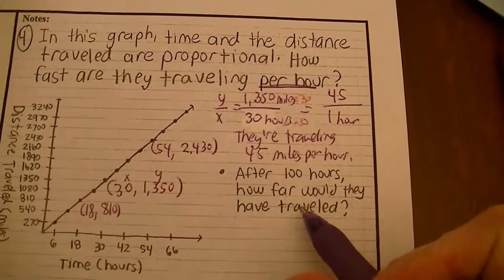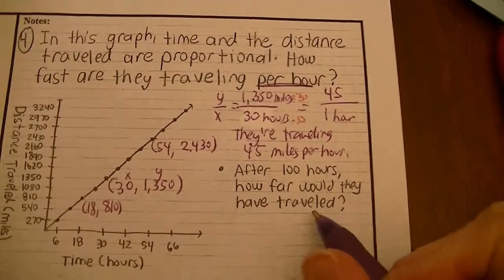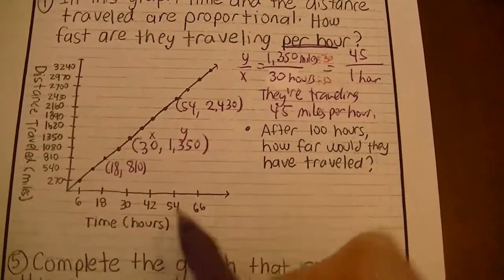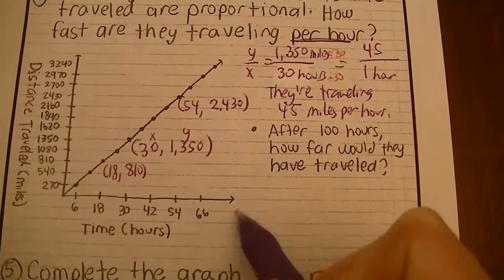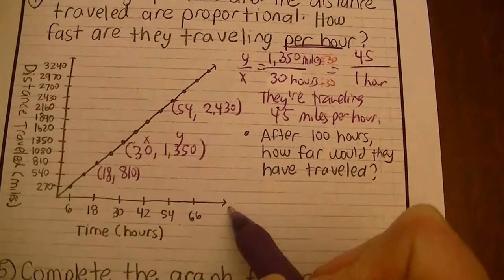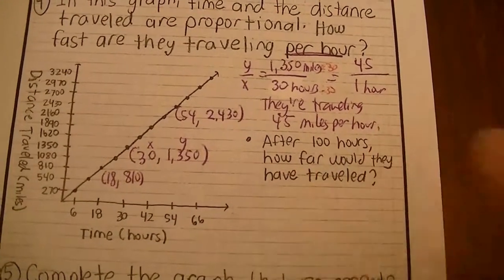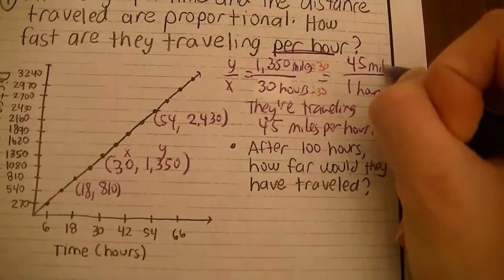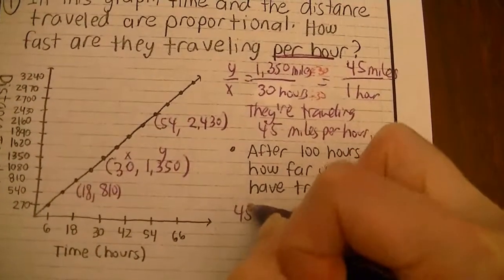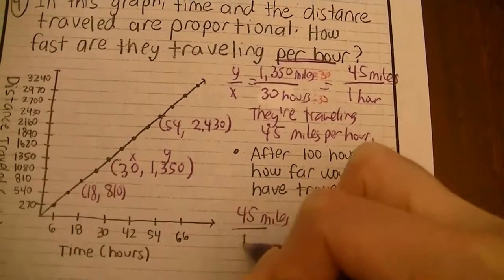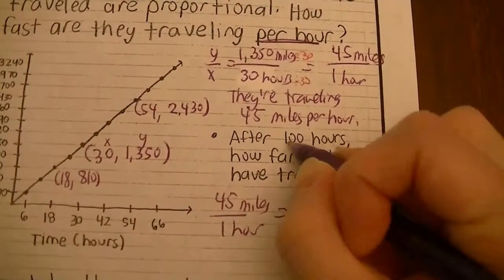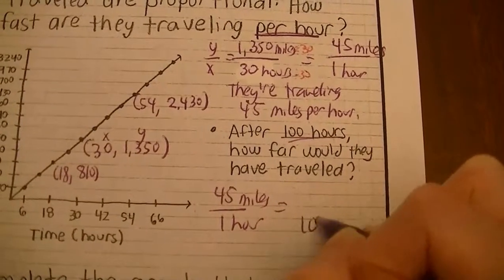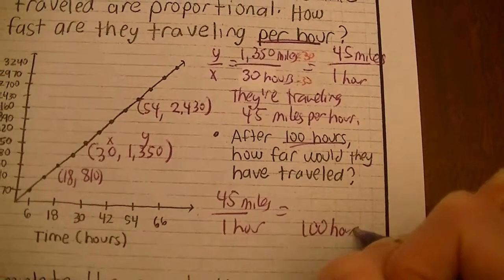Okay, after 100 hours, how far would they have traveled? Here's hours. I don't see 100 right there. So I can set up two equivalent fractions using that unit rate. 45 miles for 1 hour. They're traveling 100 hours, so I want the 100 over here in the denominator.